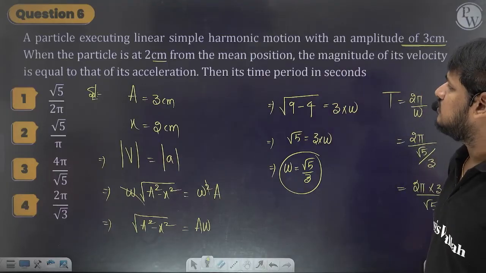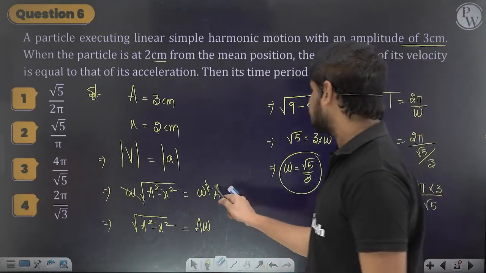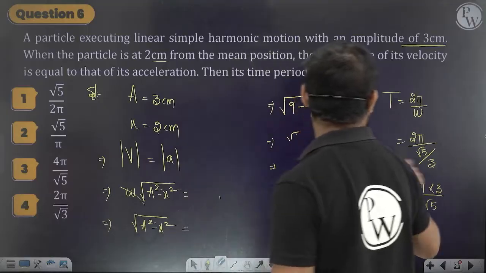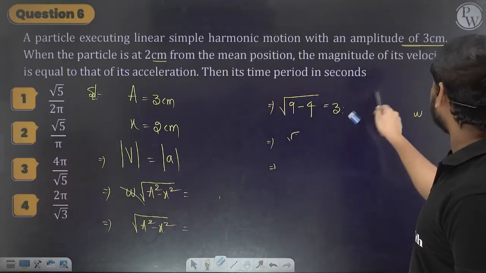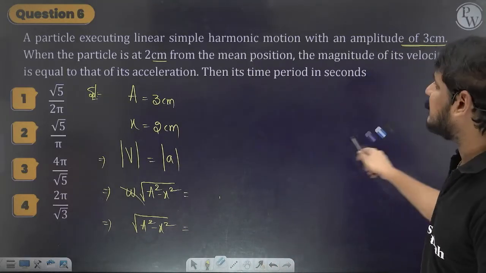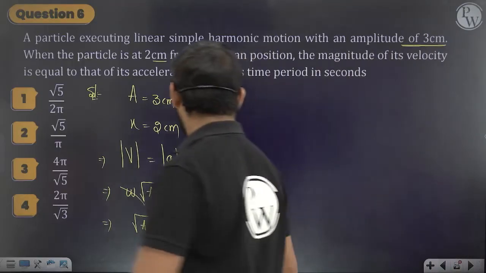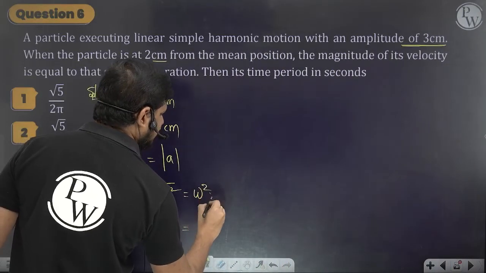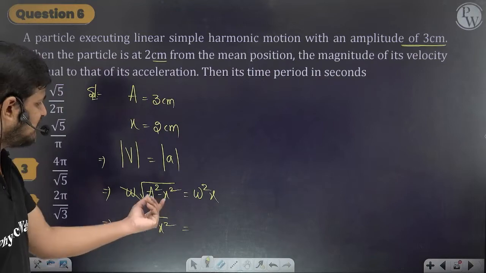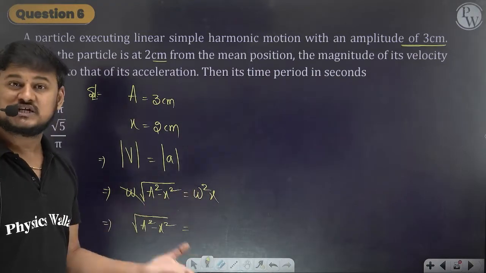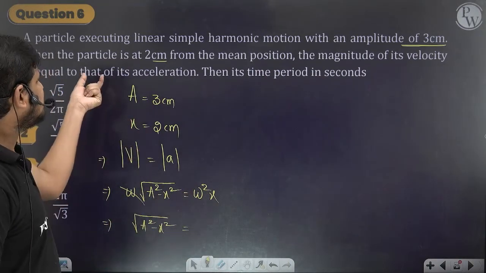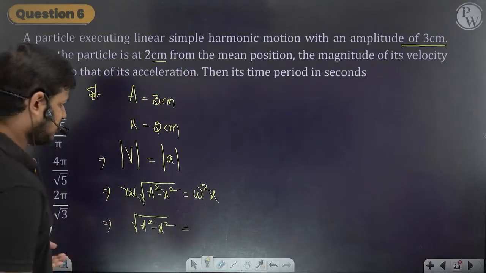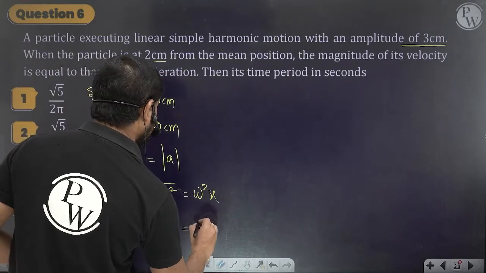It's not the maximum acceleration, guys, it's just the acceleration. Yes, here we made a mistake. So that's why for the magnitude of acceleration, just write omega square x. Understood where we committed the mistake? Omega square a I took, that's the maximum acceleration, but they said simply the acceleration, right? So here omega square into x.